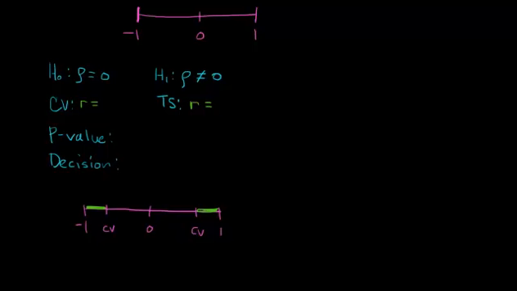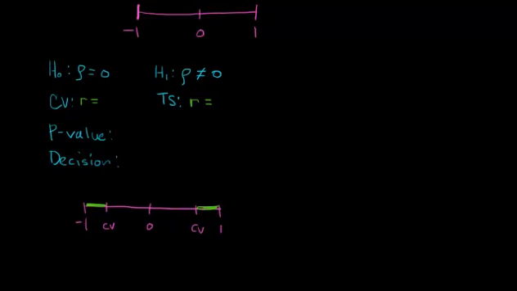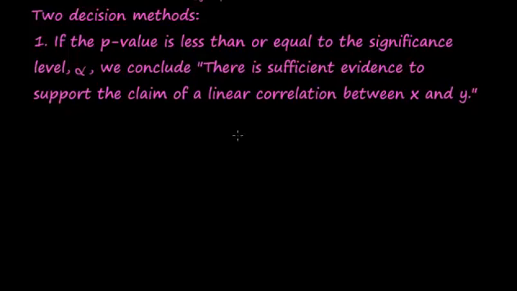Let's look at the different decision methods that we have. We have two, just as we did before. If the p-value is less than or equal to the significance level, which is alpha, this is what we'll conclude: there is sufficient evidence to support the claim of a linear correlation between x and y.